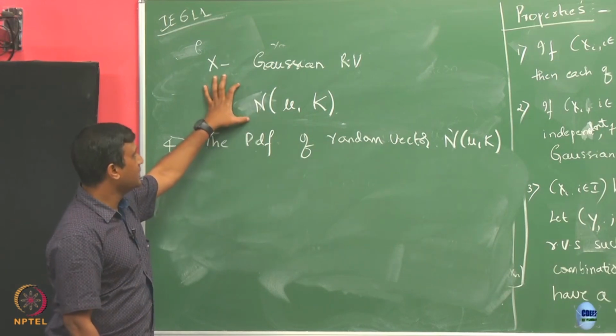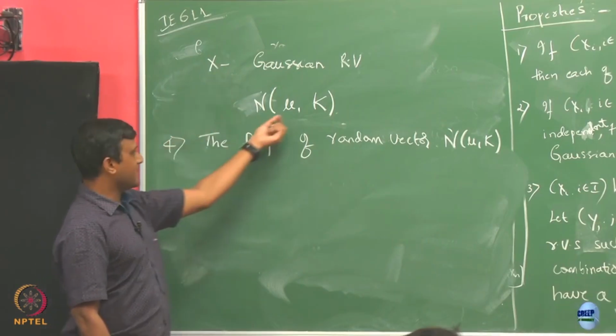So this just denotes a Gaussian random vector with parameters mu and K.